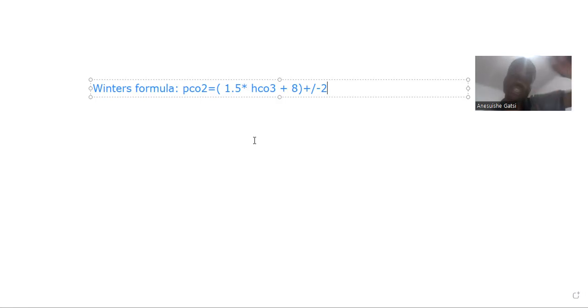But when the measured is less than the calculated, it's a metabolic acidosis associated now with a respiratory alkalosis. That's why we'll now have the measured partial pressure of carbon dioxide coming to be down.